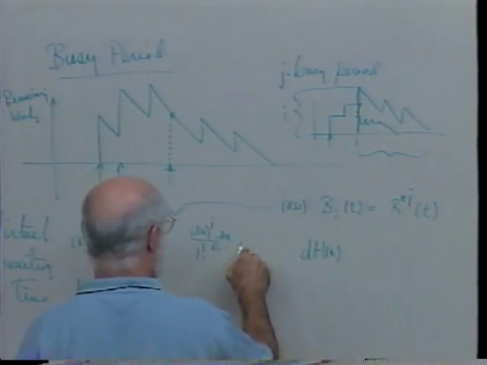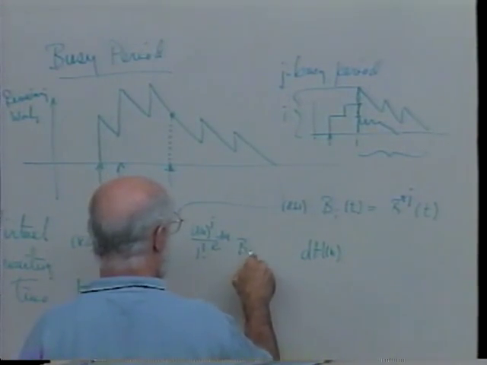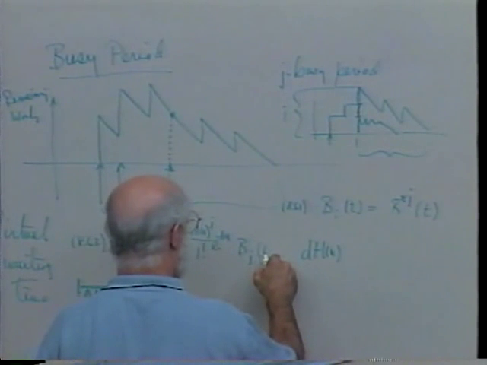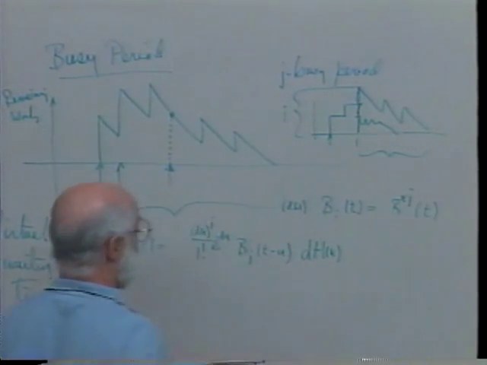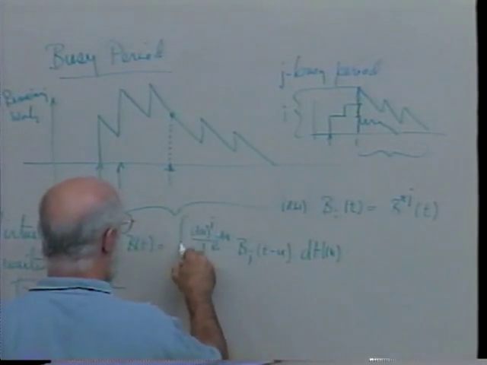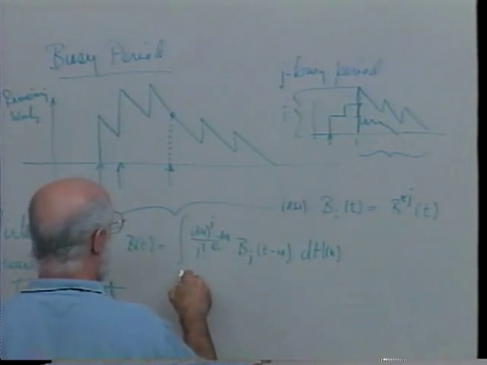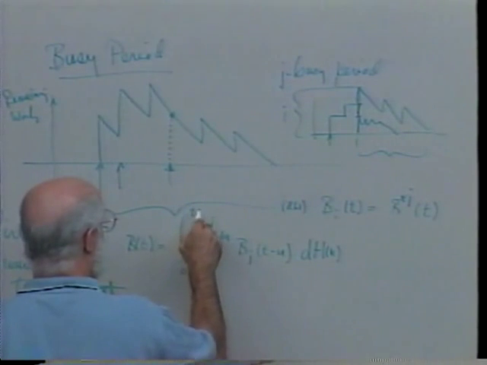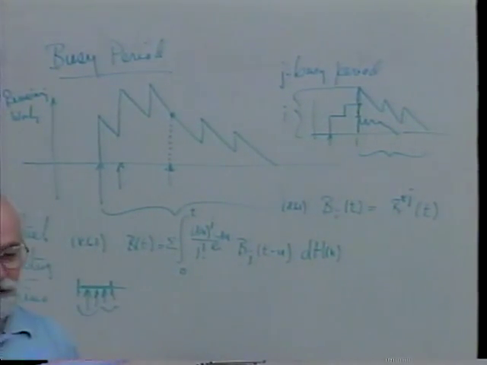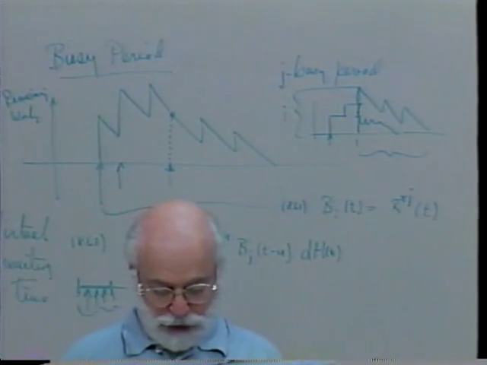Here is the probability that the busy period generated by those j arrivals lasts less than t minus u. And then I have to integrate that over all u from 0 to t, and sum that over all j from 0 to infinity.